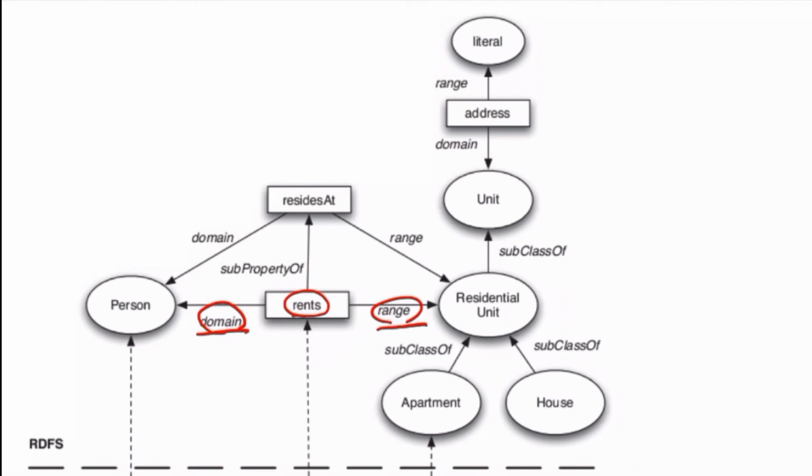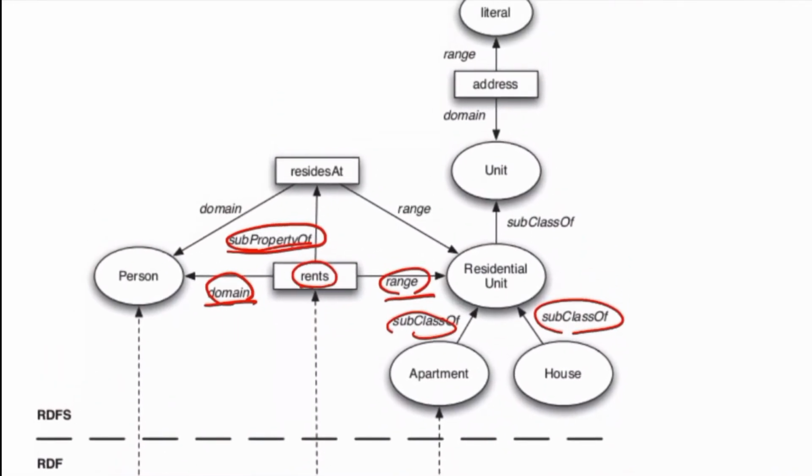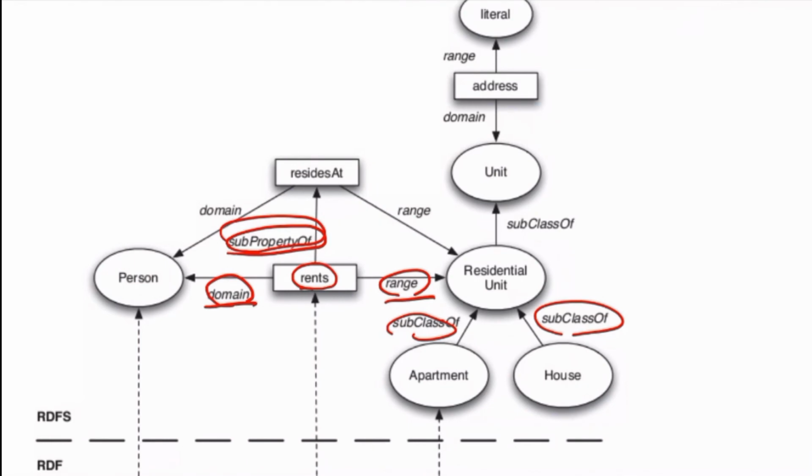And you can also say subproperty of. So actually, let's look at subclass of first. So apartment is a subclass of residential unit. Okay, it's like object-oriented programming. You have a subclass relation. Okay. Another thing is a subproperty. Now, not only the class has subclass relation, but the predicate has subproperty relation.